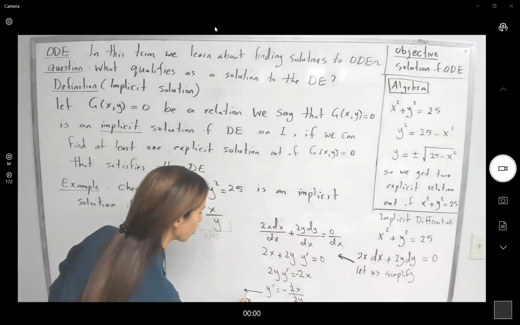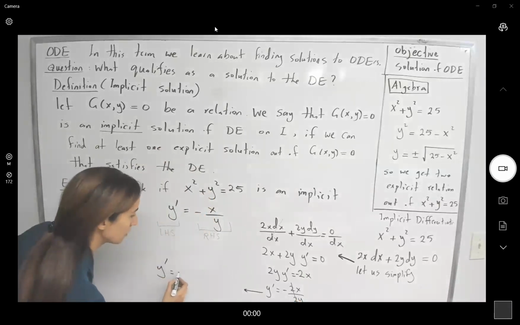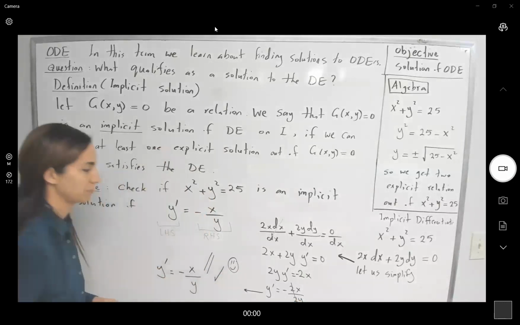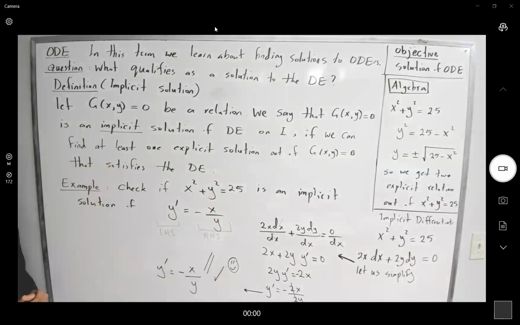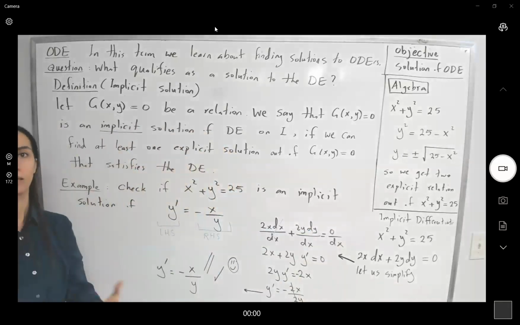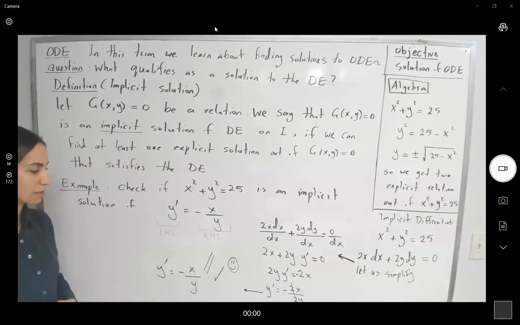So your y prime is equal to negative x divided by y, which is equal to the right-hand side. Okay, so far so good. I don't have any problem with the implicit differentiation. I learned it in calculus, and if I plug that in, left-hand side and right-hand side are equal to each other. I'm happy here.